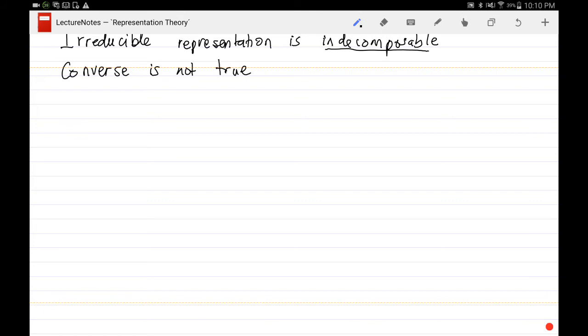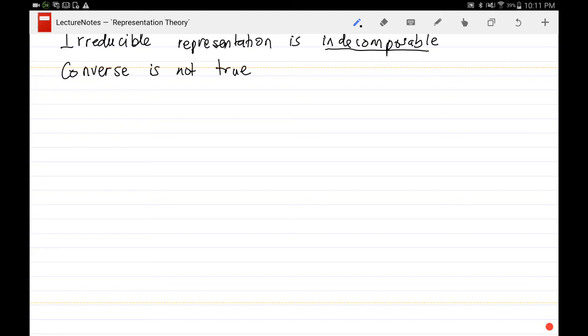So here is an important theorem which tells us that at least for finite groups, this breaking up of our vector space is always possible. In fact, the breaking up of our vector space will always be possible, and it will break up into irreducible representations. And this is really important because it makes the study of representations a very tractable problem. It turns a problem of studying representations into a problem of studying essentially linear operators.